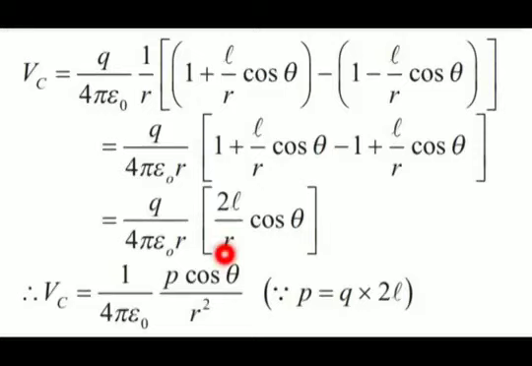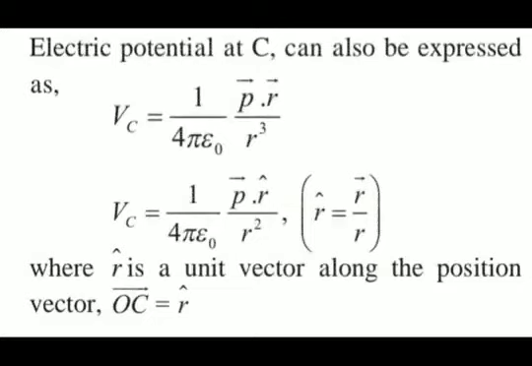So what we have here is cos theta, and if we take the vector of that, we will have a dot, and we are adding r here. This is the vector quantity, this is the distance. For balancing, we are going to multiply and divide it by r. So this r square will become r cube, and it is P dot r.